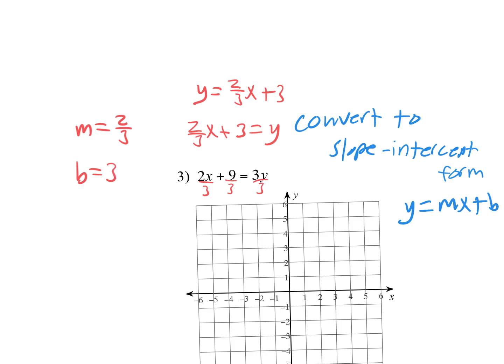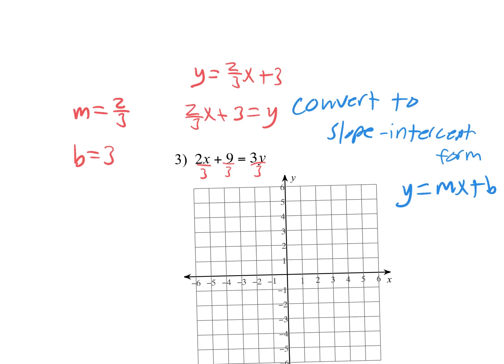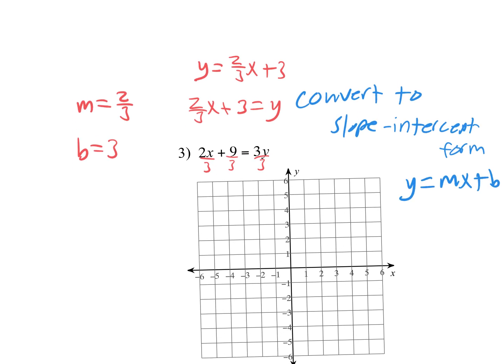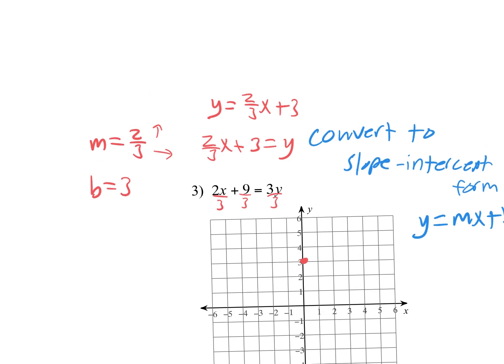B is for begin. Always begin at your y-intercept. So find on the y-axis where it's 3, and that's going to be right here. And a slope of 2/3 means you're going to go up 2 and to the right 3. It's always your rise over your run.